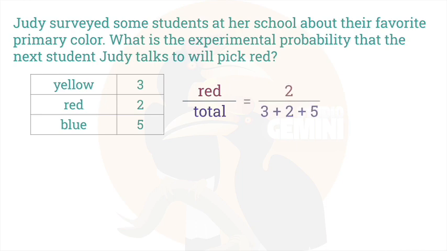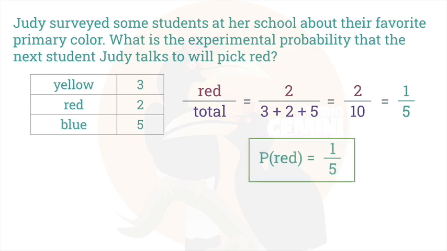Well, we add 3 plus 2 plus 5 to get a total of 10 students surveyed. The probability is 2/10, which simplifies to 1/5. So the experimental probability that the next student Judy talks to will pick red is 1/5.